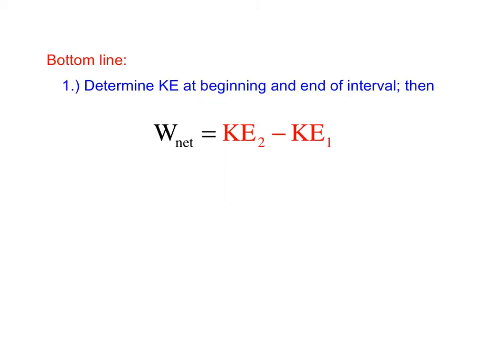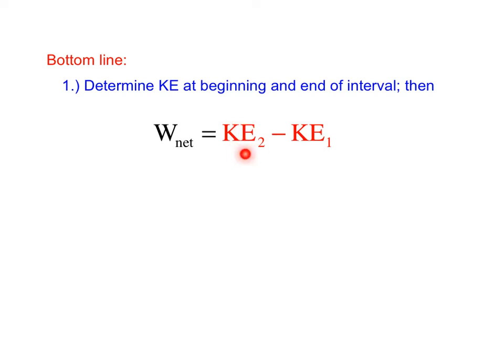In any case, using the work energy theorem is pretty simple. You identify whether there's motion at the beginning of the interval, and if there is, you write down what the kinetic energy was at that point. It'll be 1/2 m times whatever that velocity was squared. You identify whether there was any motion at the end of the interval, and if there was, you write down 1/2 the mass times whatever that velocity was, quantity squared, and you put it in that spot right there.